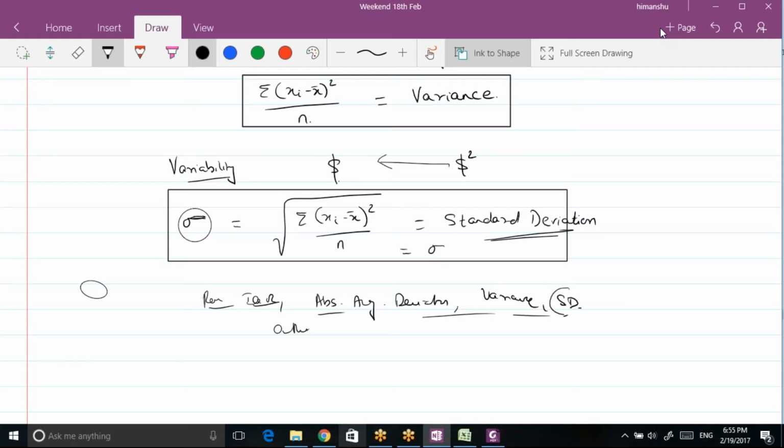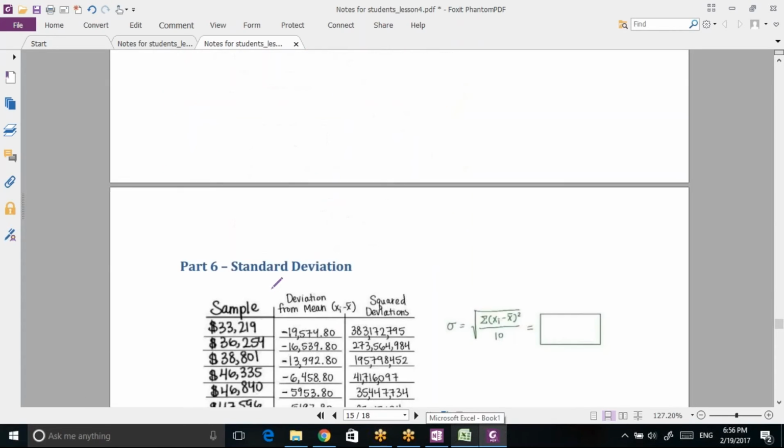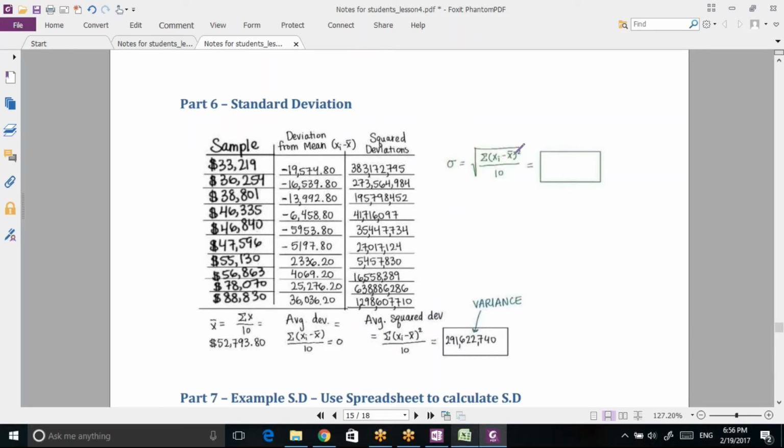And standard deviation is the most used in your common day-to-day problems.